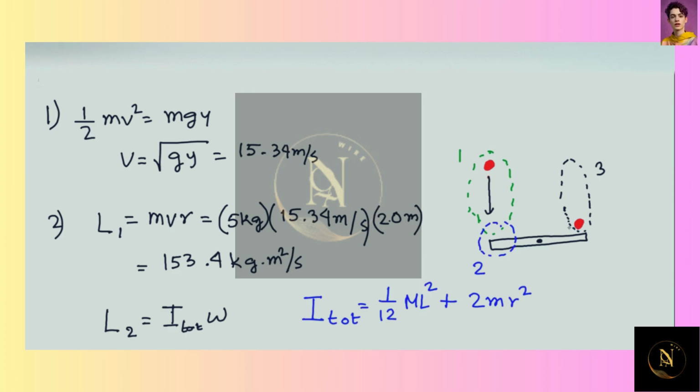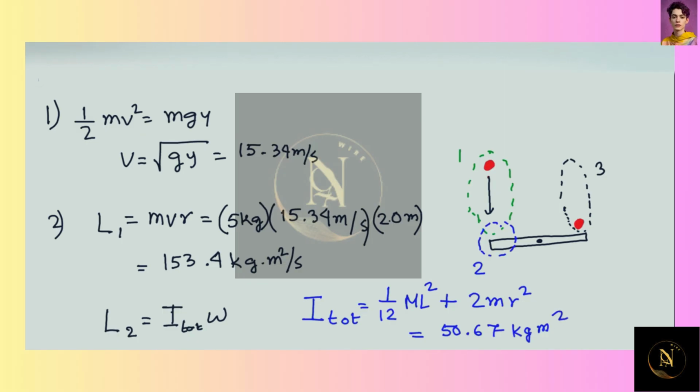So we add them together to get 2mr squared. If we plug in the numbers, I total is 50.67 kg meter squared.